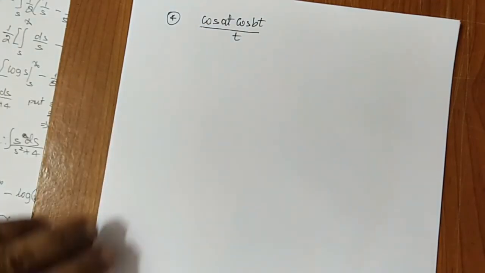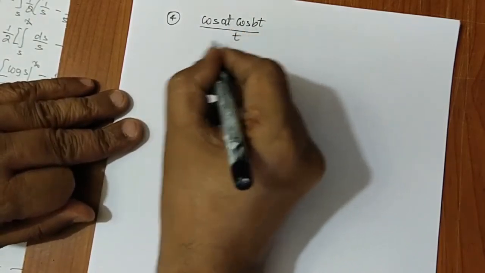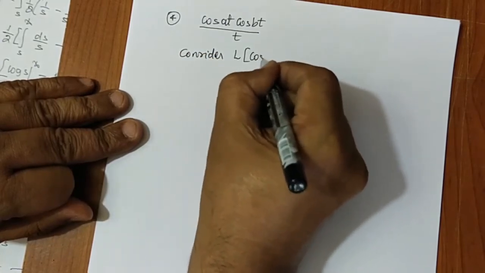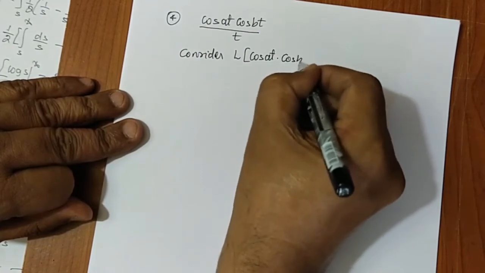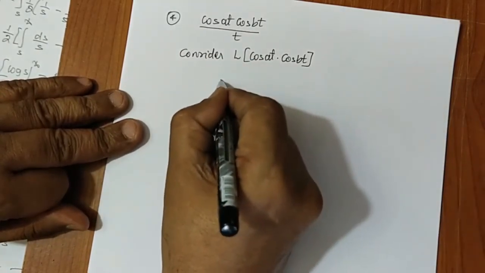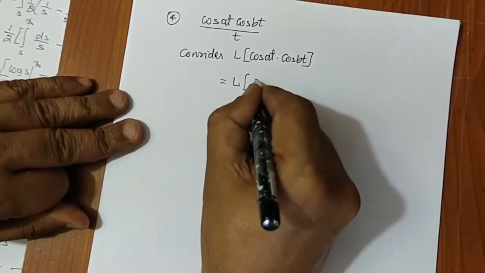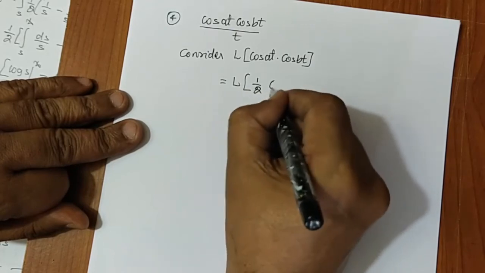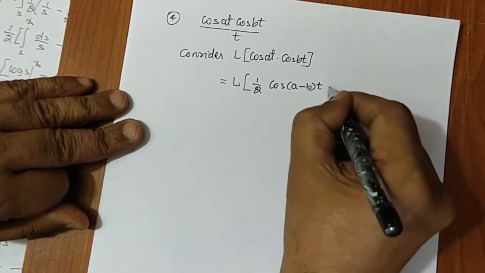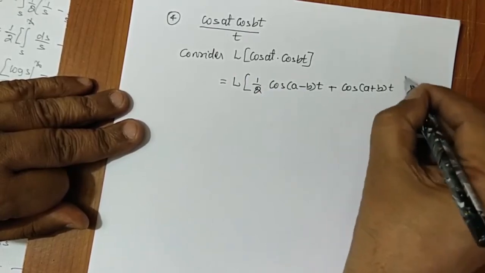Right. So this will be equal to, I say again it is f t by t, so I should consider L of cos at into cos bt. So cos at into cos bt is what? This will be equal to L of half of cos of a minus b times t plus cos of a plus b times t.